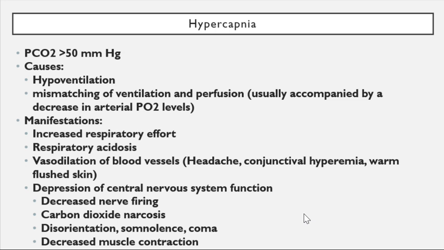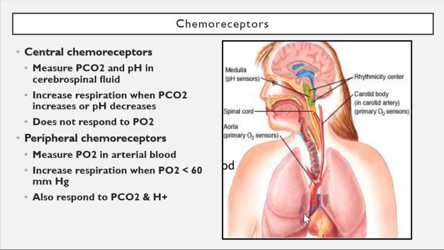This manifests itself with increased respiratory effort, respiratory acidosis again, same reasoning, and vasodilation of blood vessels, where you have headaches, conjunctival hyperemia, and warm flushed skin. Depression of central nervous system function, decrease in air firing, carbon dioxide narcosis. So just make sure you know these.